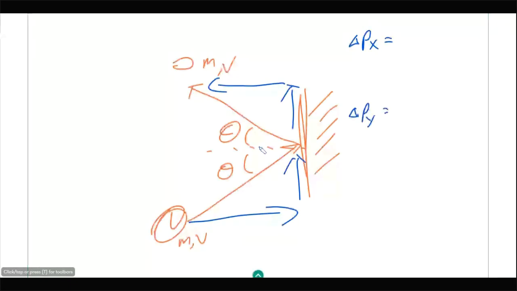We're not going to change any momentum vertically. We were going upwards at the beginning with some, what is this? This is going to be this side opposite the angle, so this will be v sine theta. And then at the other end, we would still have v sine theta for our velocity going in there.